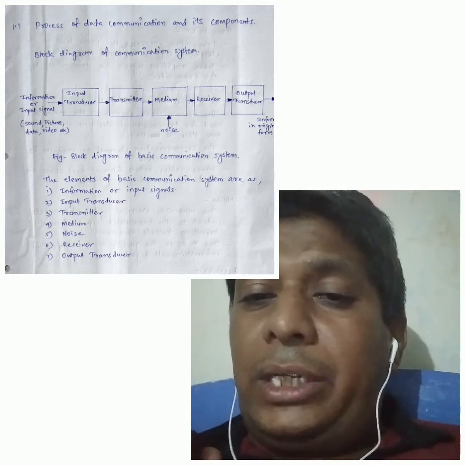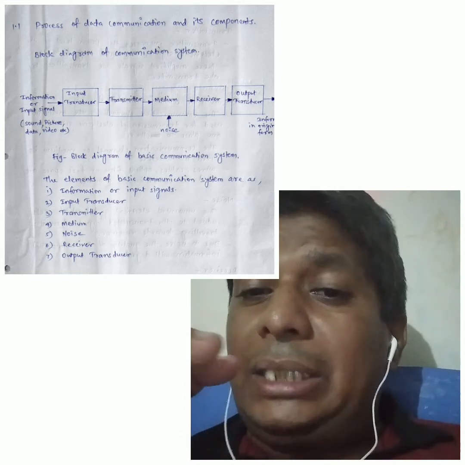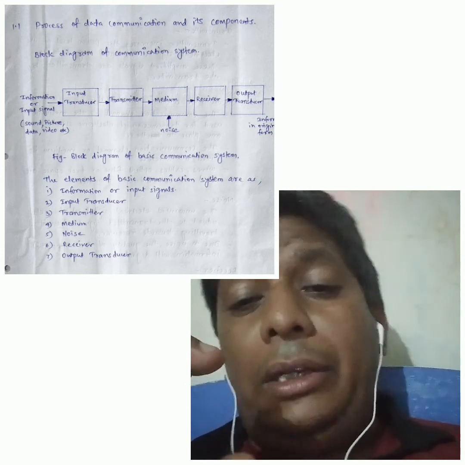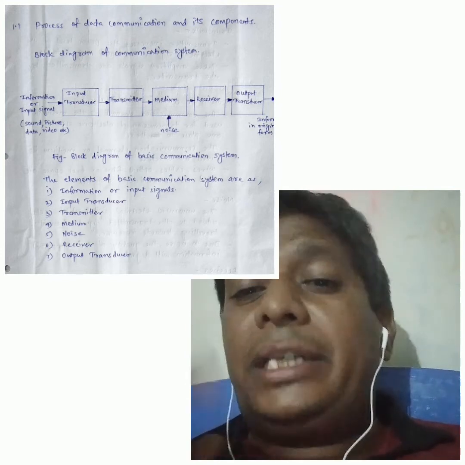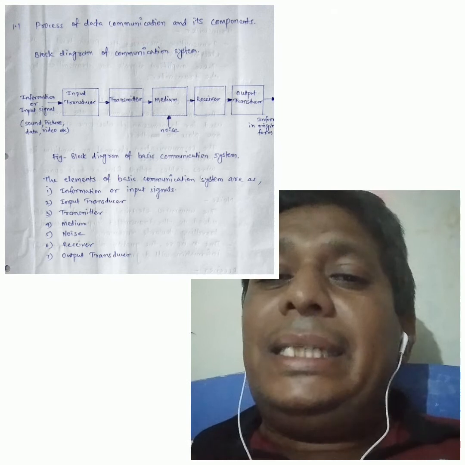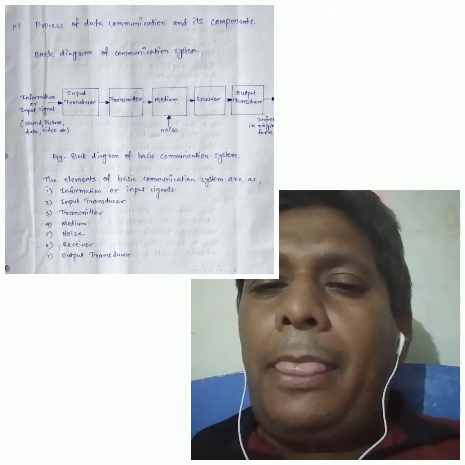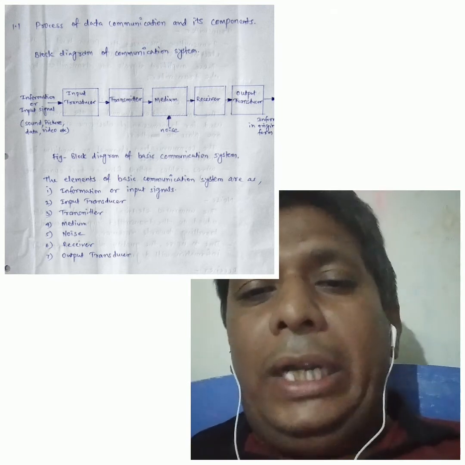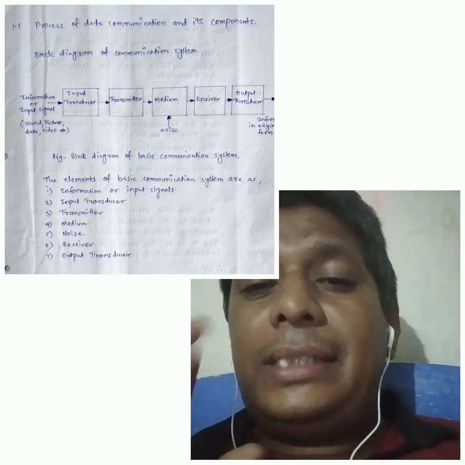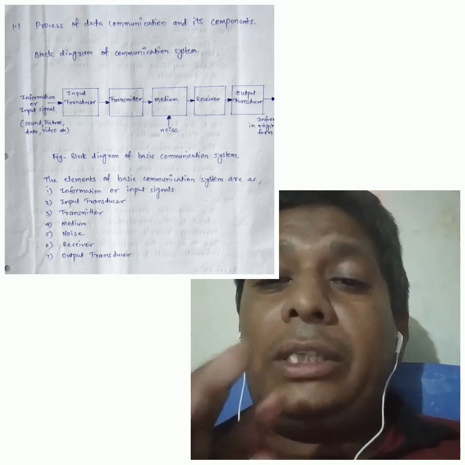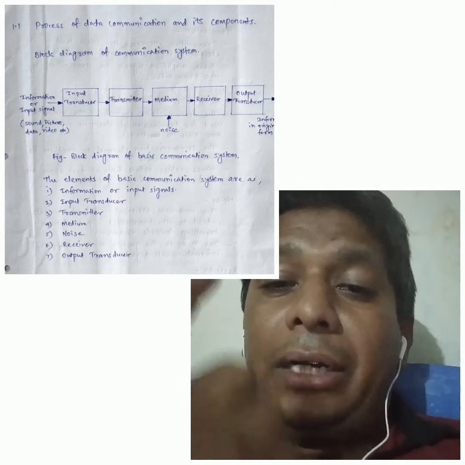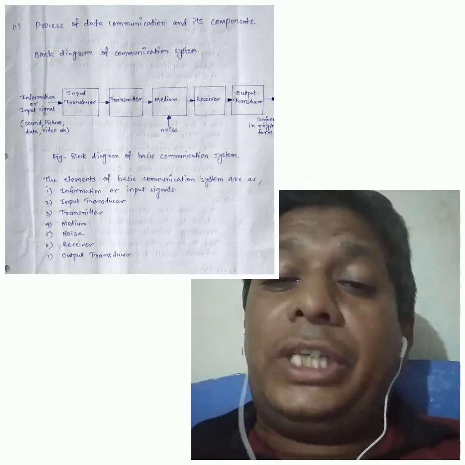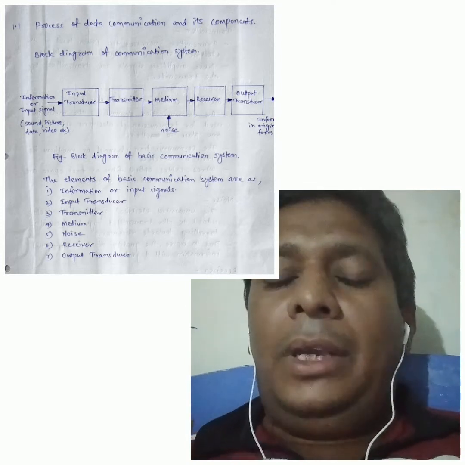What does the input transducer do? It converts the input signal into electrical form, because the medium accepts only electrical signals. So we need to convert the information or our original input signals into electrical form.